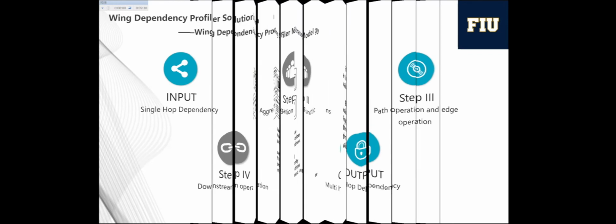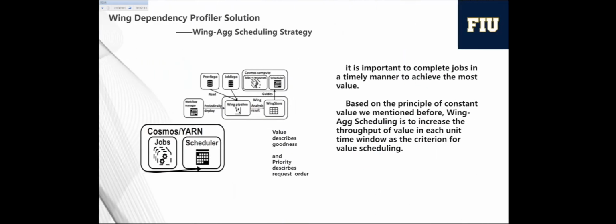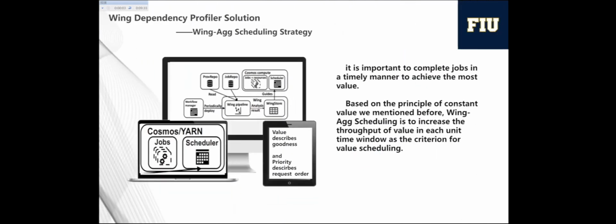And the last one, the author used the scheduling strategy. If the job is recurring, WinG computed the job value efficiency by dividing the job's median historical value, and the scheduling assigns the job's priority.